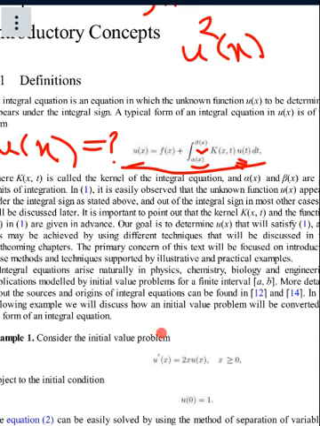In the next chapters we will see that an integral equation can be transformed to an ordinary differential equation, and also we can rewrite an ordinary differential equation as an integral equation. Actually, they can be transformed to each other.